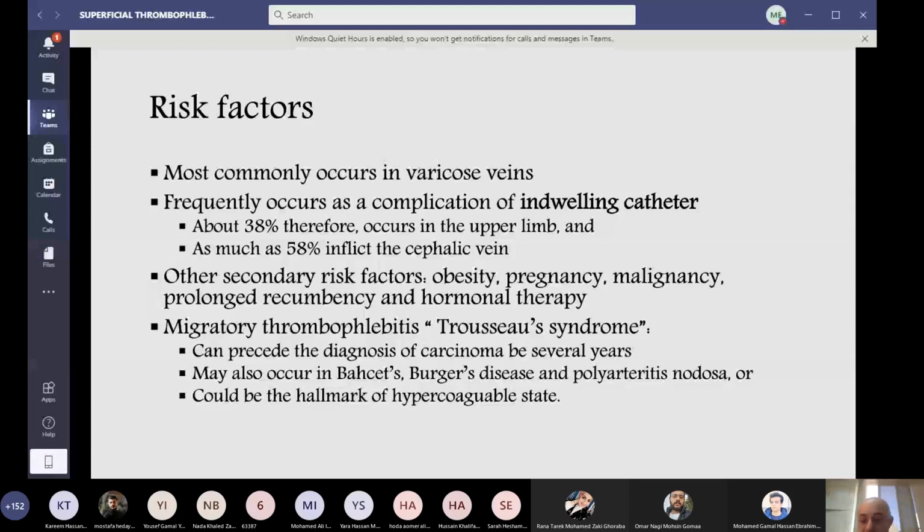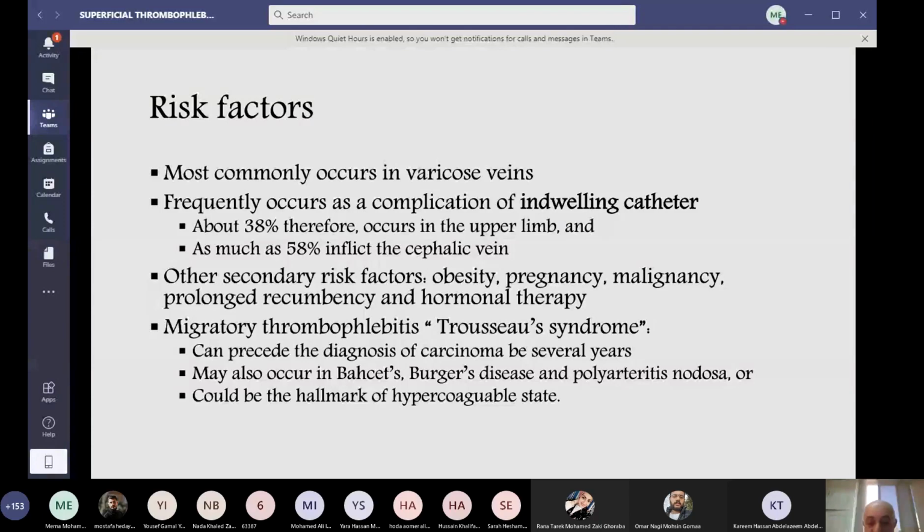But migratory thrombophlebitis, or Trousseau syndrome, is given special importance for the diagnosis of carcinoma. Which kind of carcinoma? Usually carcinoma of the pancreas and of the GIT can present with migratory thrombophlebitis.